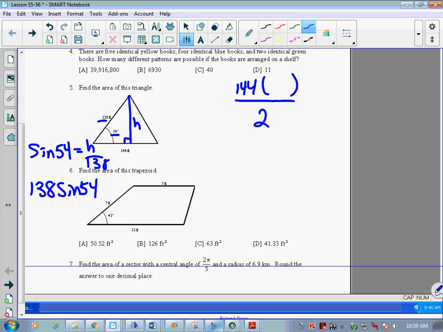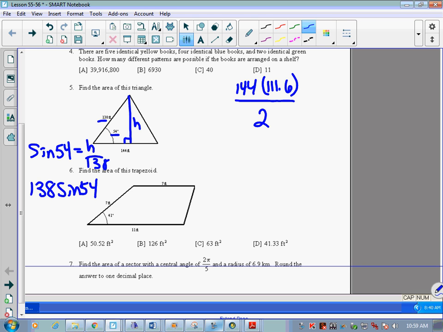Normally I'd go through the whole explanation on that, but we're in Algebra 3 and we should know that. What is 138 sine 54? Take it to the nearest tenth. 111.6.